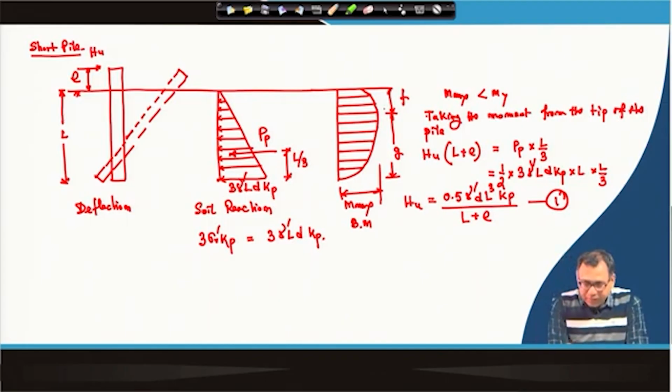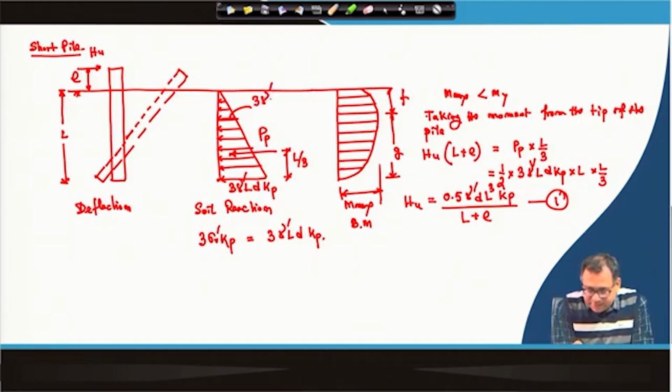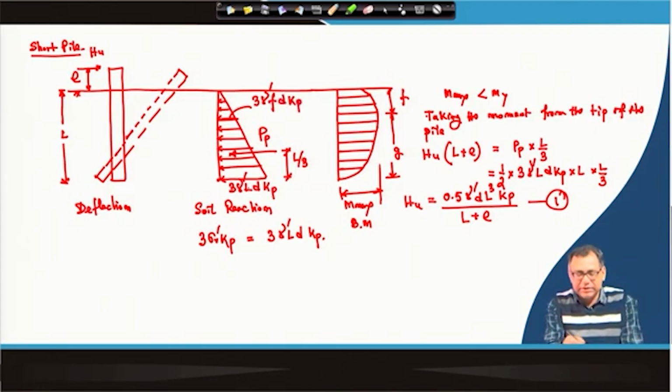So, to determine the maximum moment, what is the stress at this F point? The stress at F point is gamma dash into F into d K p, because now Z is equal to F, because at F the maximum moment is acting.